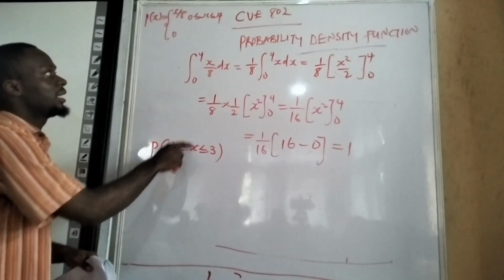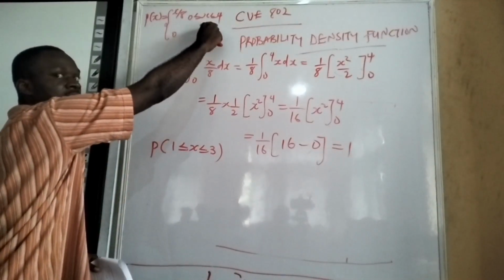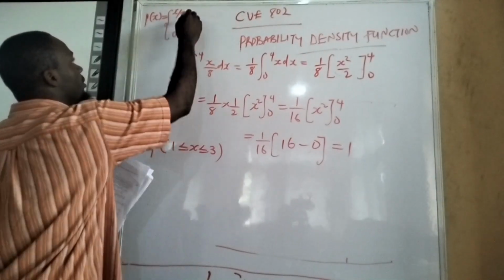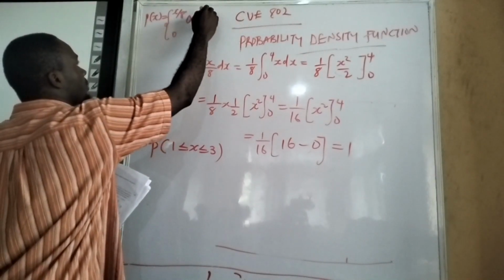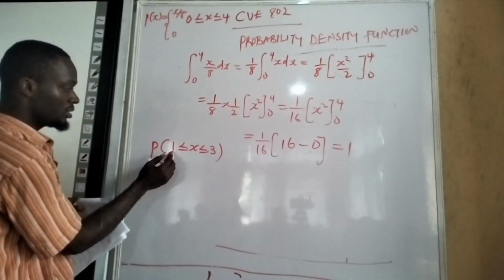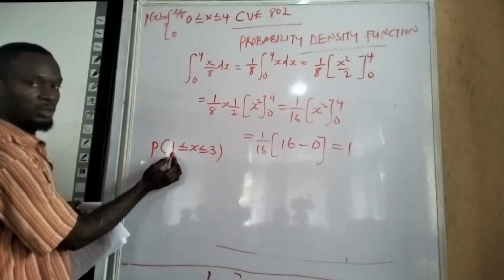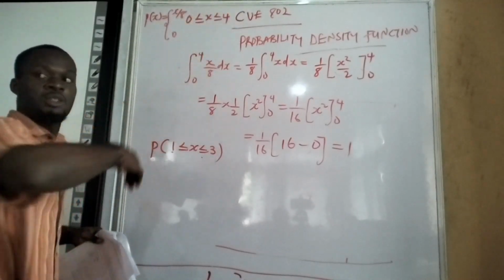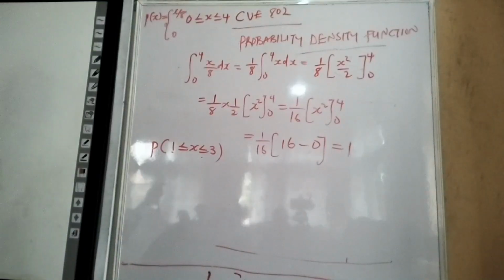Can we find 1 and 3 inside this range? Yes. This is when s ranges between 1 and 3. Yes, you can find 1 and 3 inside this range. So you integrate straight.